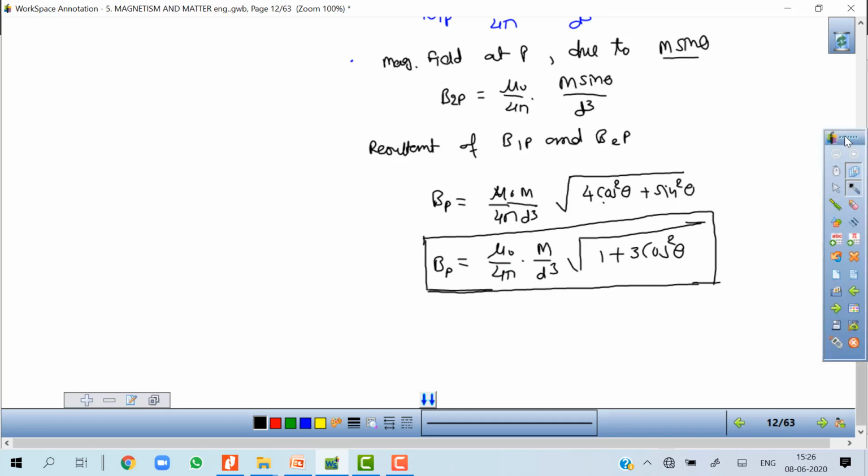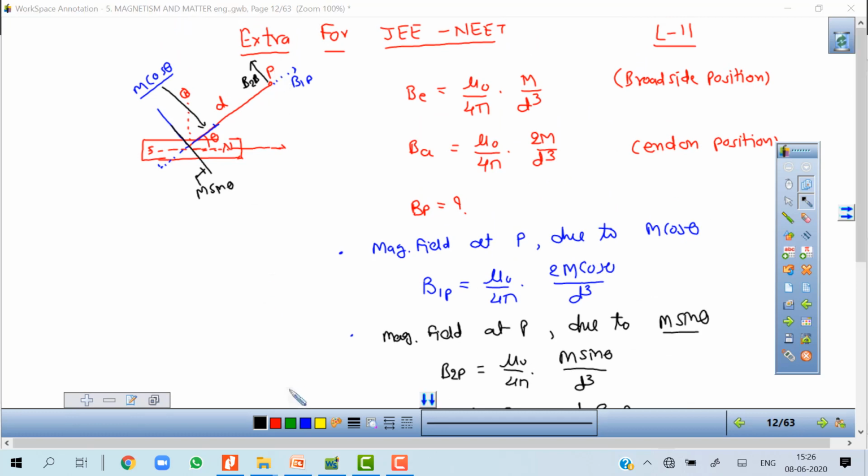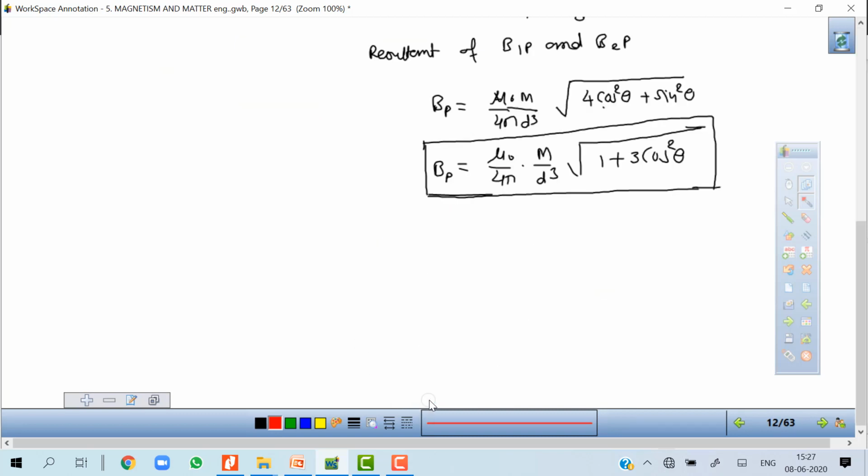Now what is the angle of that? Where is it? So here I take an angle. This is the resultant magnetic field here, P. This is our B, P, and this angle is, I say, alpha. Okay, along that line. So tan alpha is equal to what?